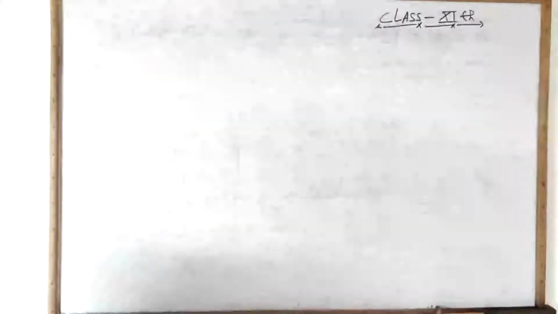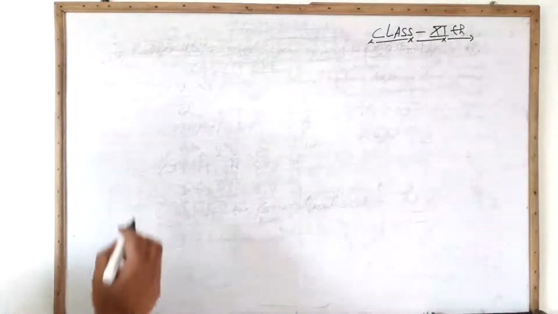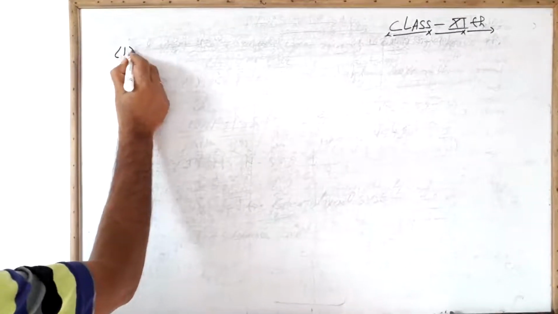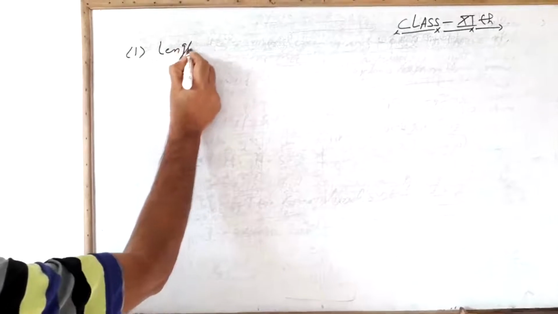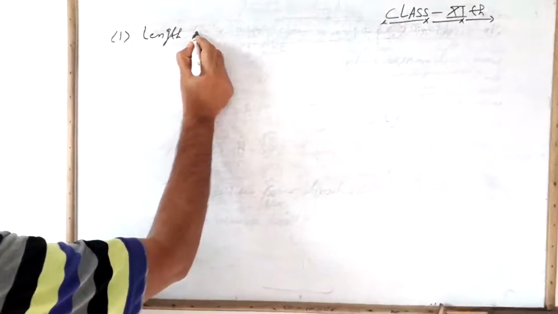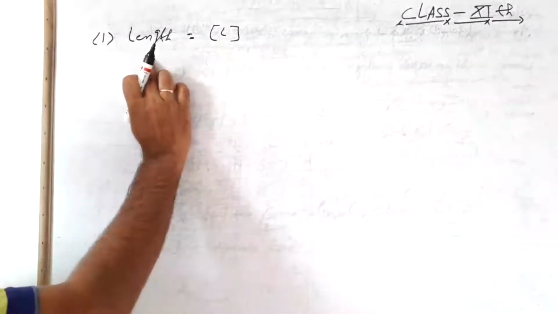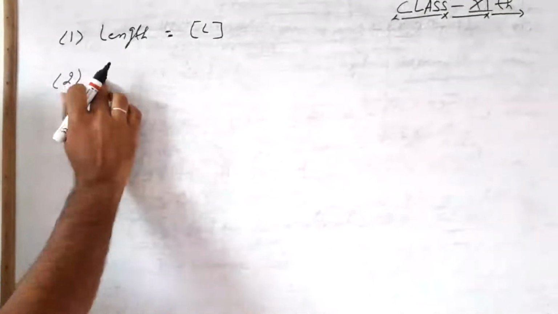Okay. Now I am starting how to write the dimension. Example: suppose you have to write the dimension of length. Length is L. So the dimensional formula of length is L. Second, area.